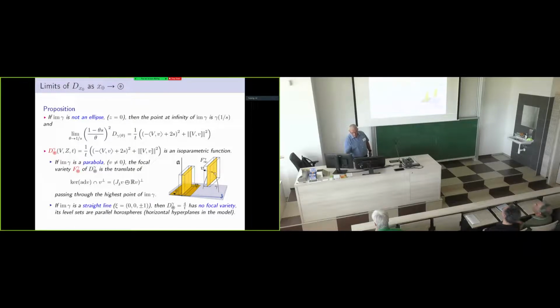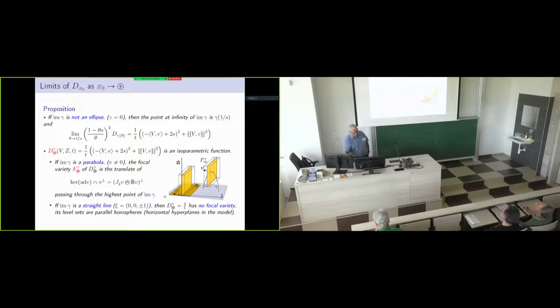So if this is, for example, a parabola, and at the top vertex its tangent vector is v, then this focal surface will be the kernel of the adjoint operator of v intersected with the hyperplane perpendicular to v. And with this direction space, we should translate this through p, the top point of the parabola, and that will be the focal surface when we take the top.